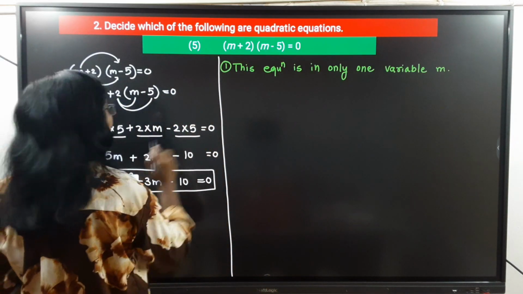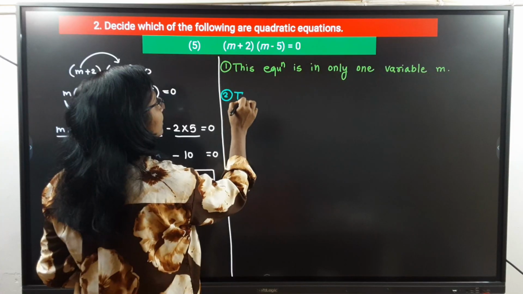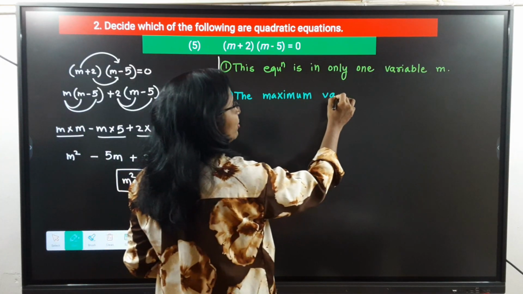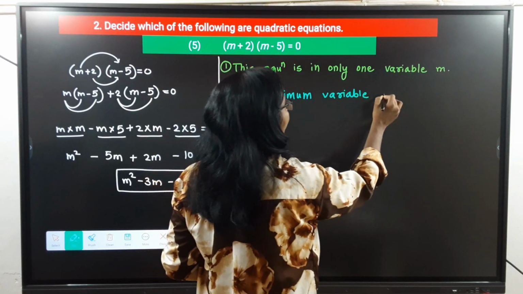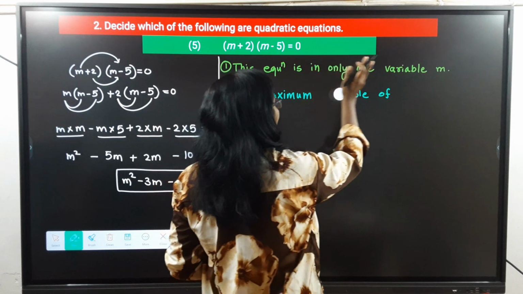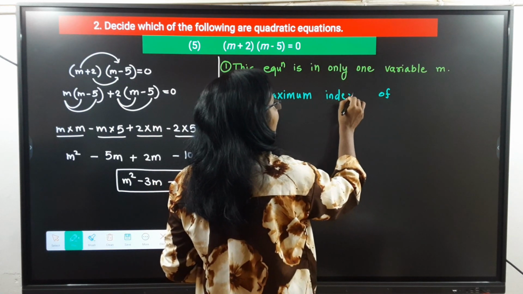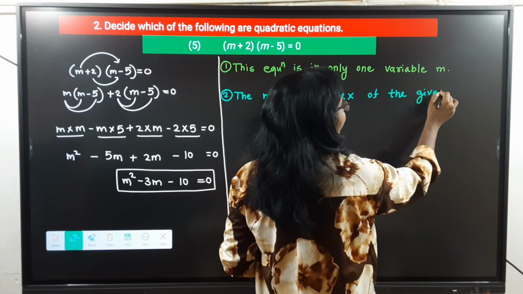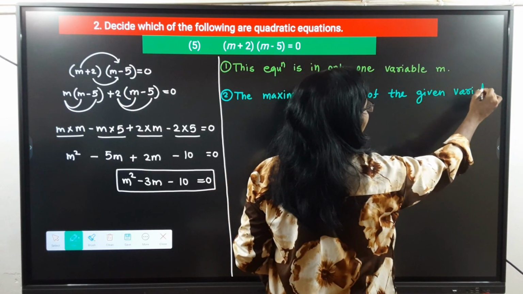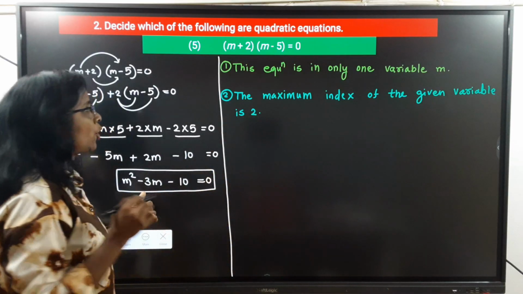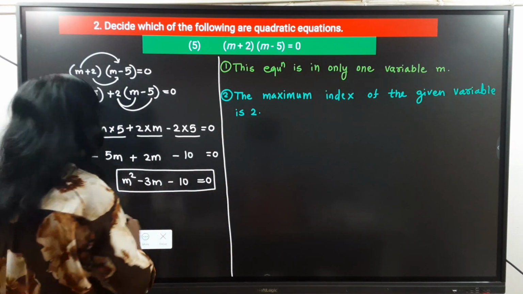Secondly, the maximum index of the given variable is 2. So this condition is also fulfilled by this equation.